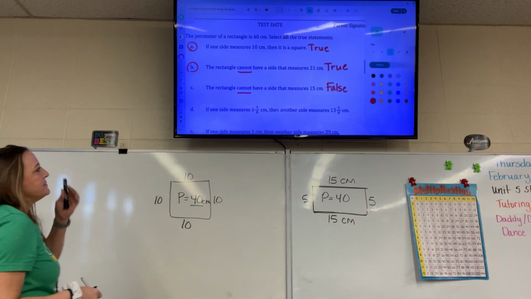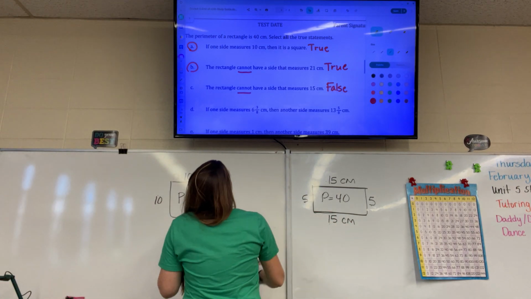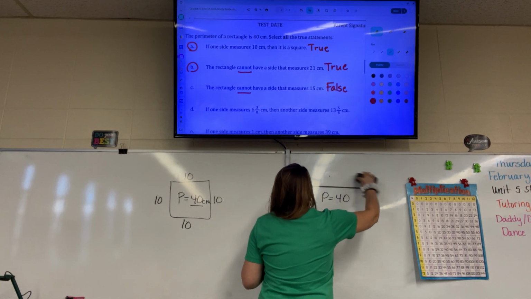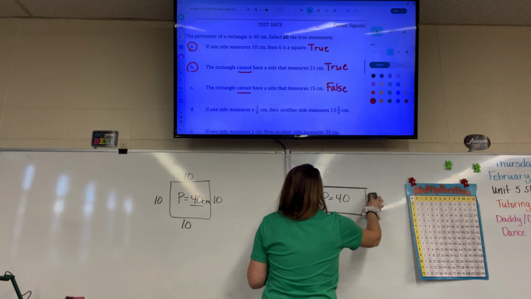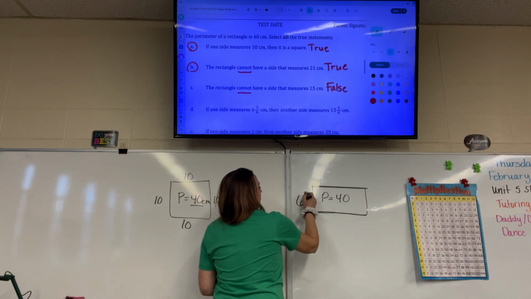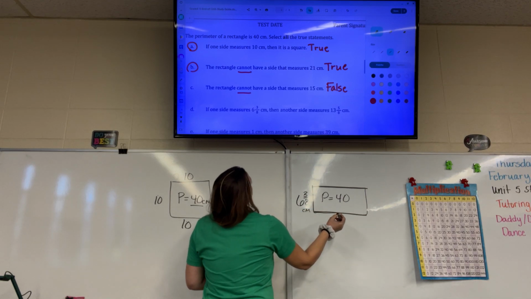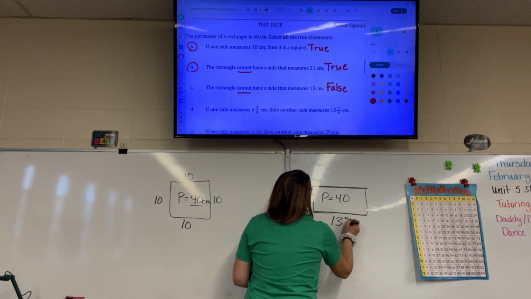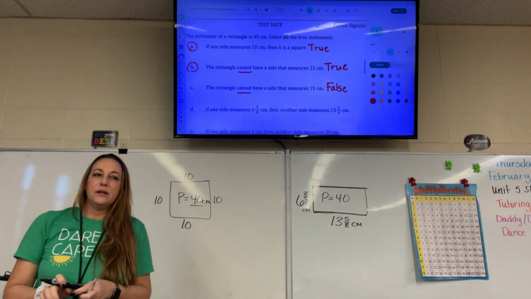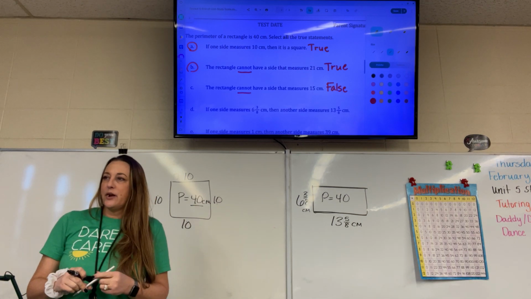Okay. D says if one side measures 6 3/8, then another side would measure 13 5/8. So if this side is 6 3/8 centimeters, then this side would be 13 5/8 centimeters. Would that be true? What do you think? Avis? Yes. How do you know?